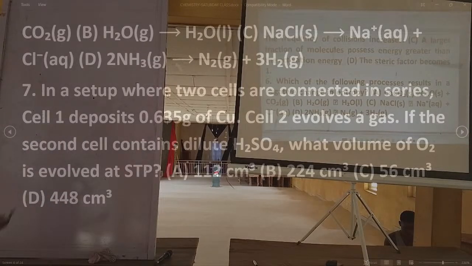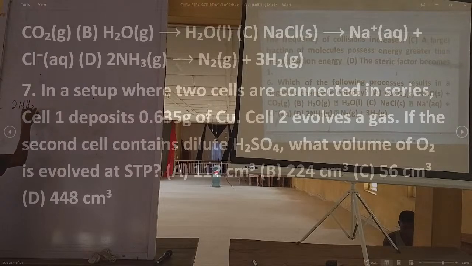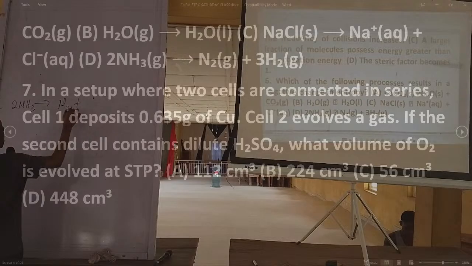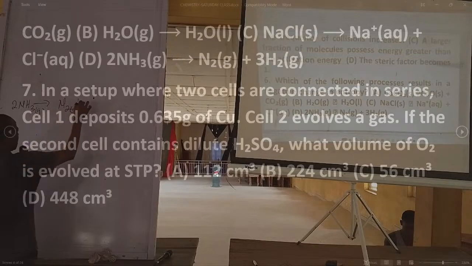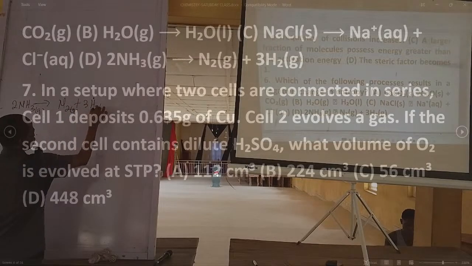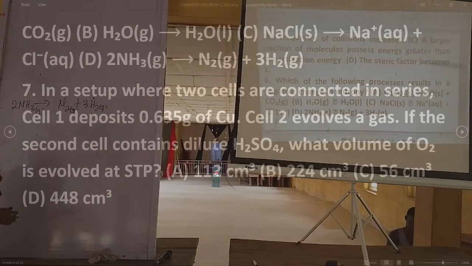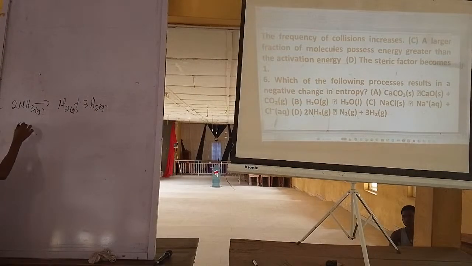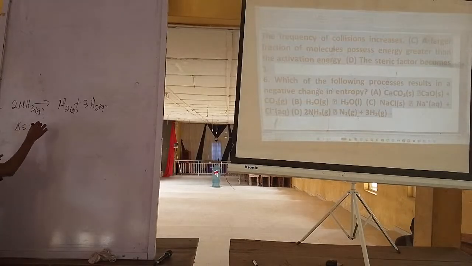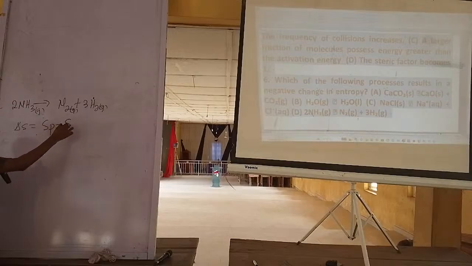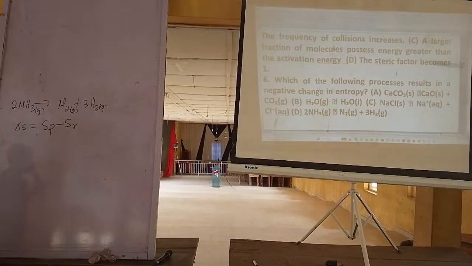Here we have 2NH3 giving us N2 and 3H2 gas. When you have a reaction like this and you want to calculate the change in entropy, it's always the entropy of the gaseous products minus the entropy of the gaseous reactants.